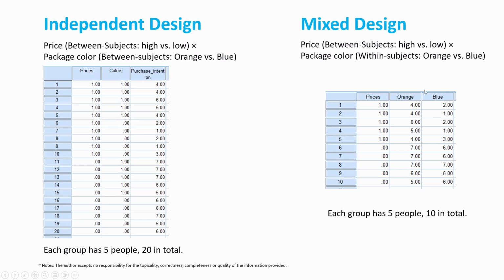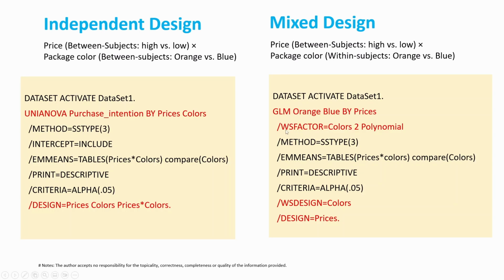So the column name is not called purchase intention, but rather since it's a repeated design, we use orange blue to refer to the factor, even though the numbers in these 2 columns are actually the dependent variables. Different from the independent design, we have a within subject factor, WS, which represents the within subject factor colors. All others are the same.